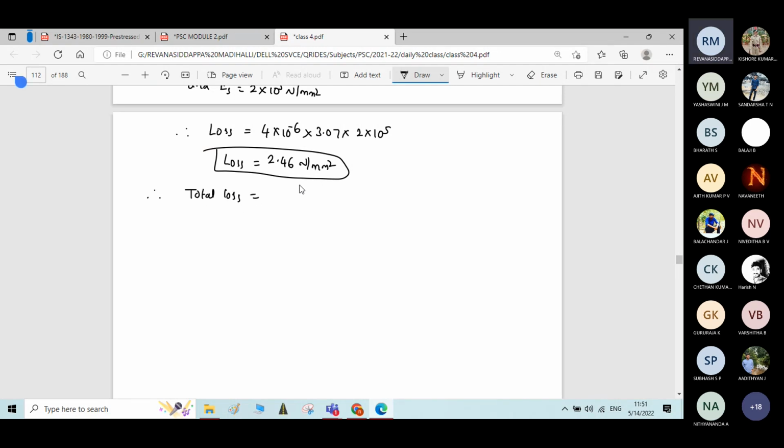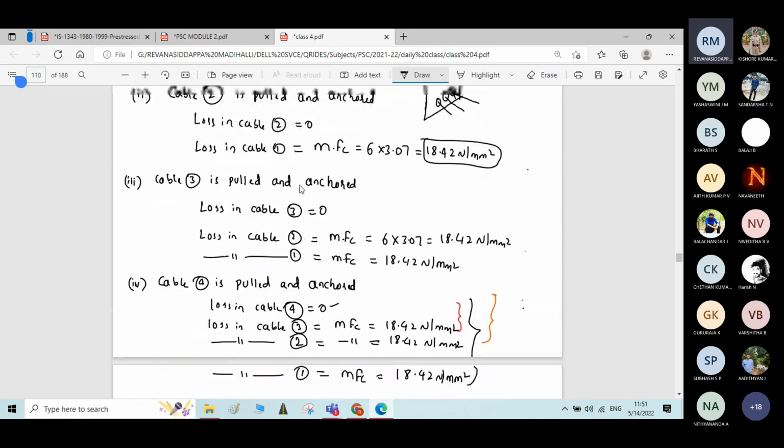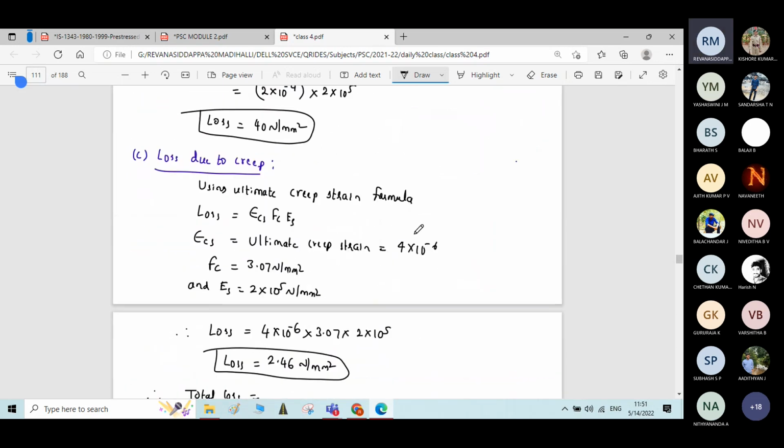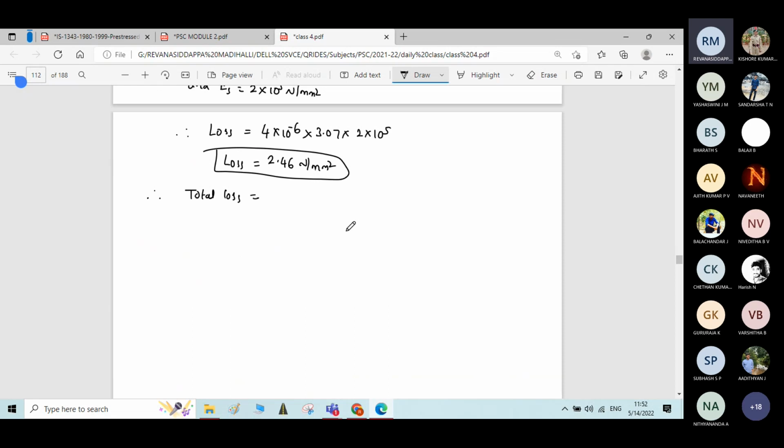is equal to 27.63 plus 40 plus 2.46, which is equal to 70.10 Newton per mm square.